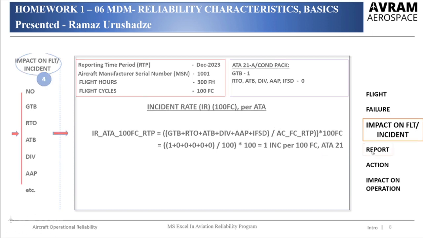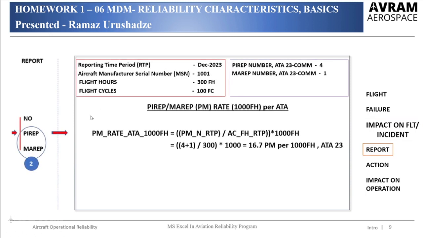Now let's move to the report. In the report section, we are going to calculate pilot reports and maintenance reports on system level. And for this reason, I'm using 8823, which is communication. Let's say in December 2023, PIREP number for pilot reported 4 snags, and maintenance reported only 1.